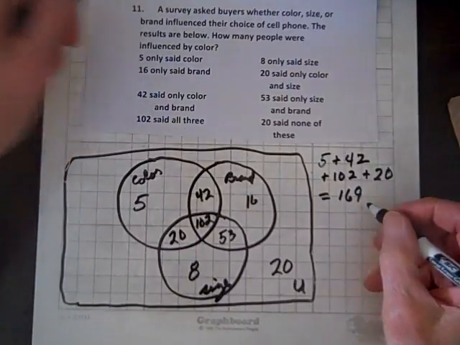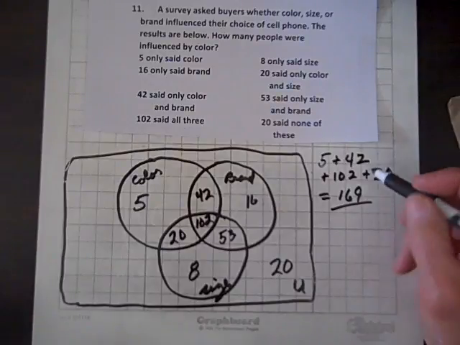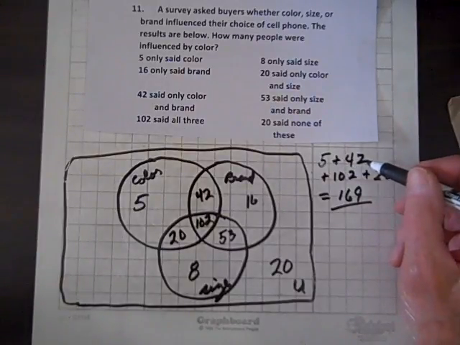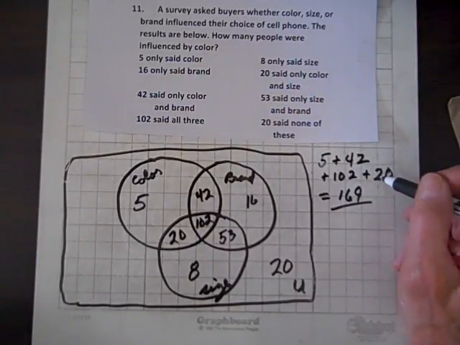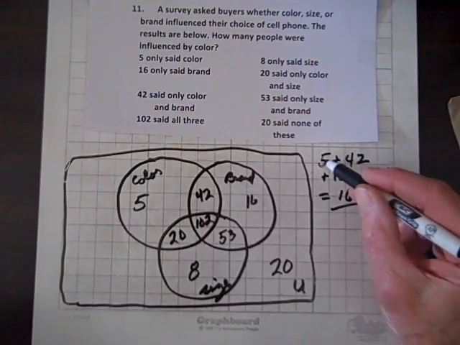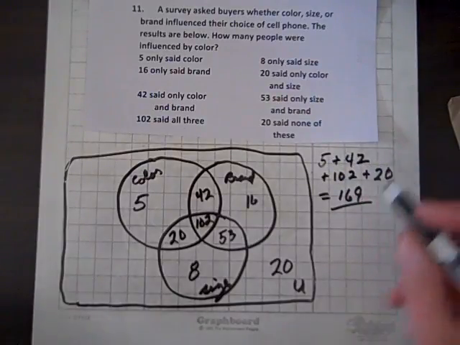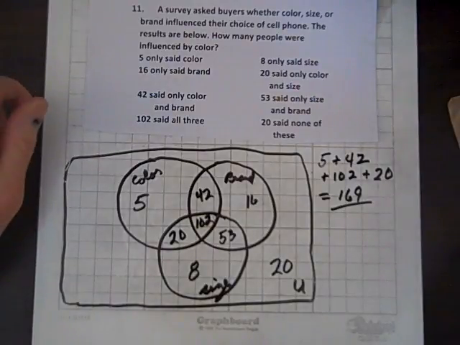So there were 169 people that were influenced by color. Let's double check that. So 20 and 42 is 62, plus 2 is 64, plus 5 is 69, plus 100 is 169. So we've got it, and we're done.